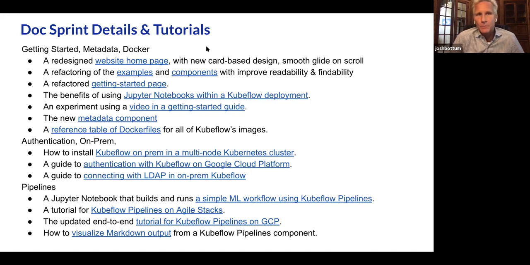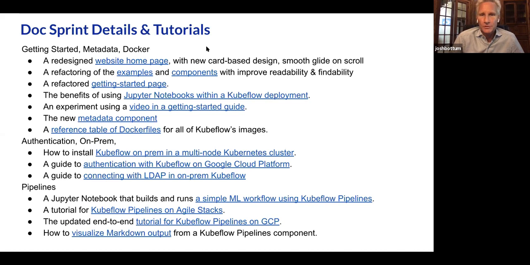Yeah, so the next slide shows some of the details, including how to improve the getting started, the metadata, and the Docker, calling out the reference table on the Docker files, which I believe the JP Morgan folks contributed. That was great. Lots of work on documenting authentication and on-prem configurations.